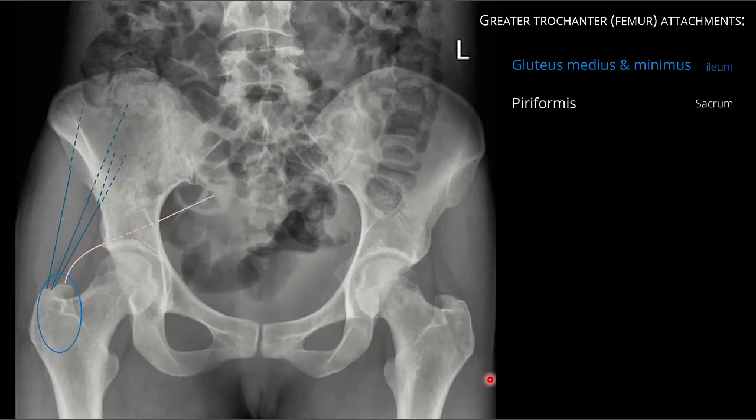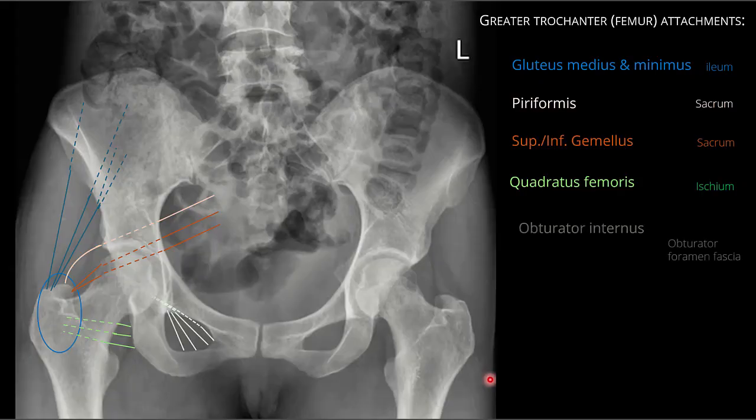We've got piriformis, the superior and inferior gemellus, quadratus femoris, which not only externally rotates but adducts as well. Obturator internus not only externally rotates but also helps with abduction with its position up and over the neck of the femur. And the obturator externus that just externally rotates.